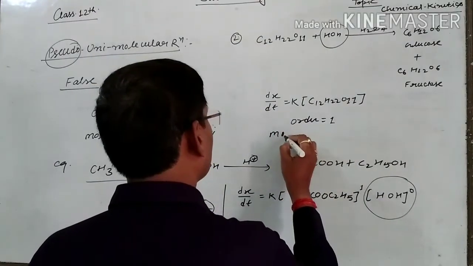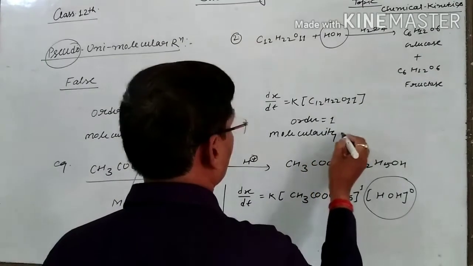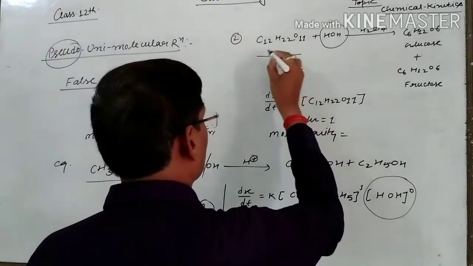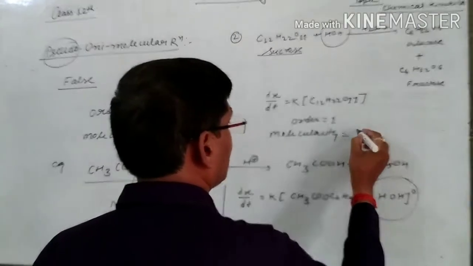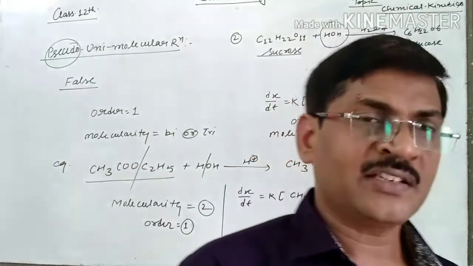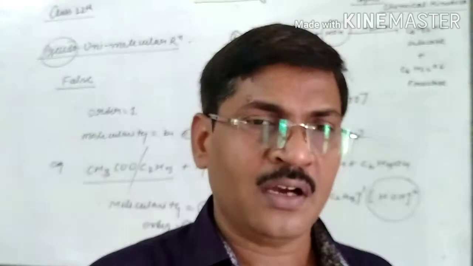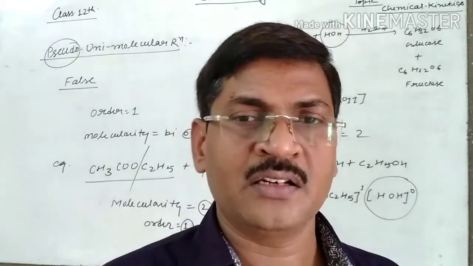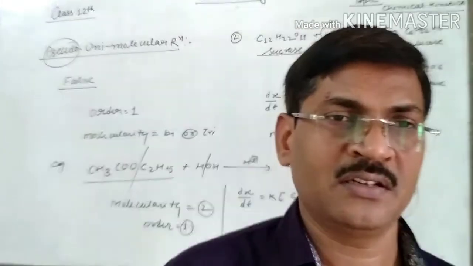But what is the molecularity? Here also one molecule of sucrose and one molecule of water, so molecularity is 2. In this way, if any reaction is given and you see that order is 1 and molecularity is bi or tri, that is an example of a pseudo unimolecular reaction.